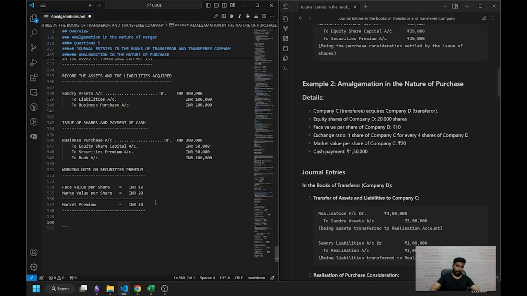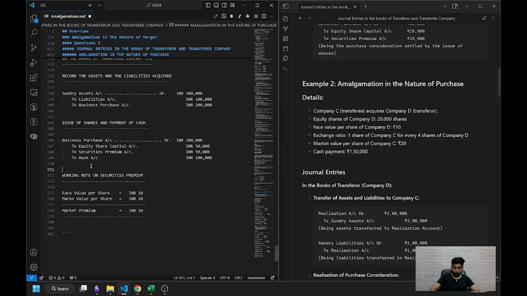Okay. Now, how many shares, number of shares? They are equal to 5,000. Why?